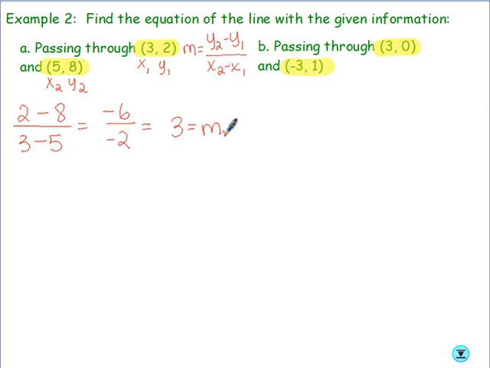So now that we have m, it's exactly like the first example. We have m, and we have a point. So we're going back on this example to y equals mx plus b.